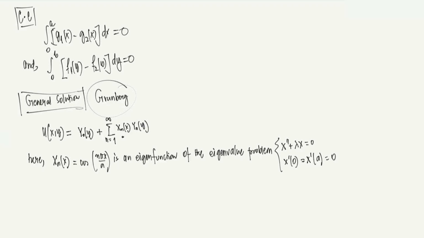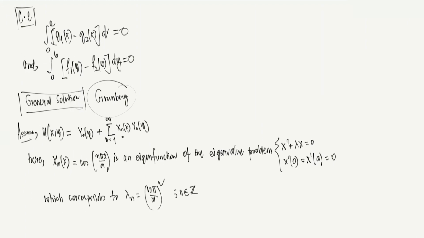Is it okay? So we assume that u looks like this, where this is the xn. Yeah, this is our assumption, and this corresponds to the eigenvalue problem, which corresponds to lambda n's, which are (n pi by a) square, n in Z. Clear?